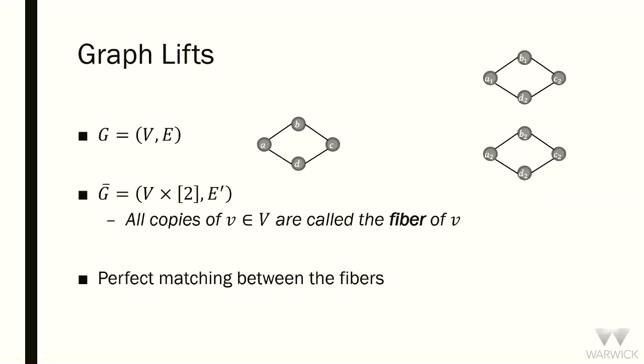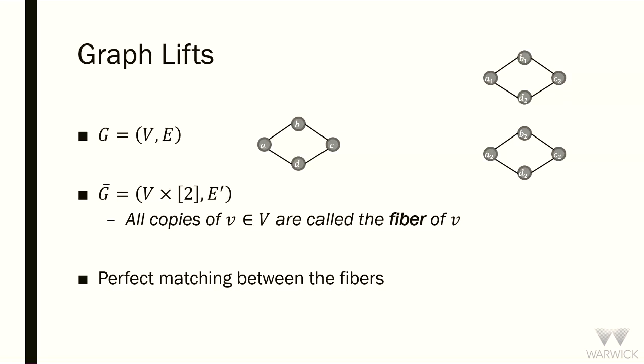Okay, so I described the construction, and now here are some important facts about graph lifts, which will allow us to deduce the spectral properties of these partial lifts. I guess most of you already know it, but in a graph lift, you have a base graph, and then the lift of the graph is just you duplicate all the vertices, and you connect.